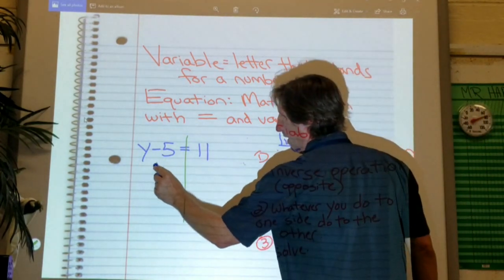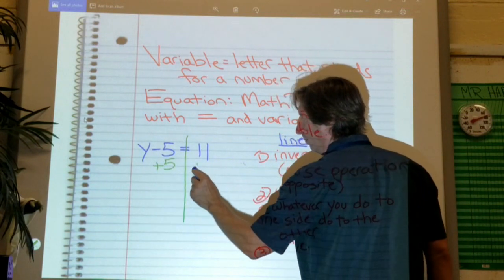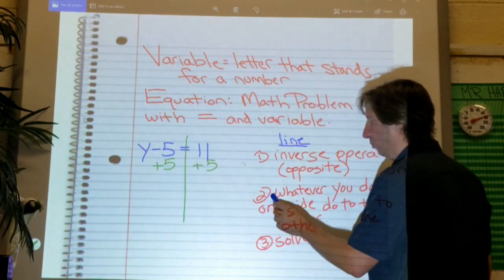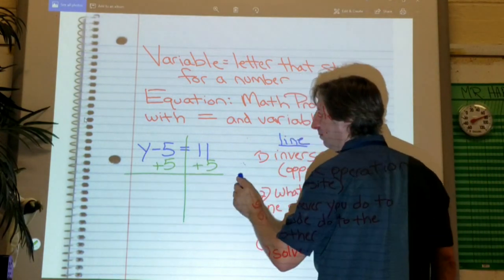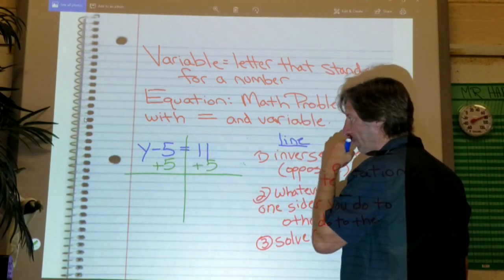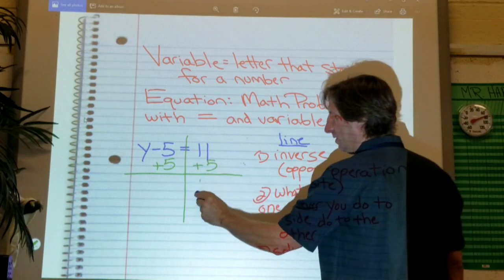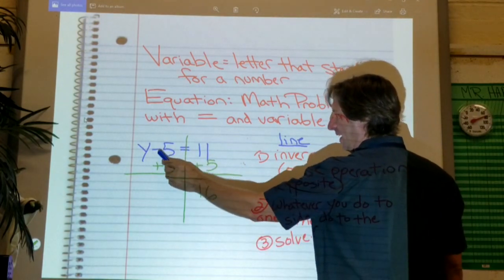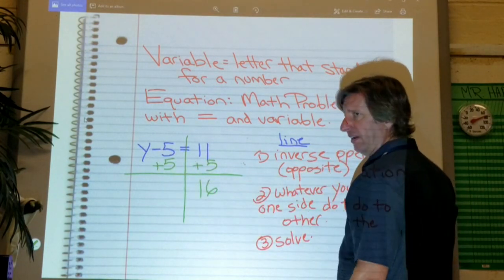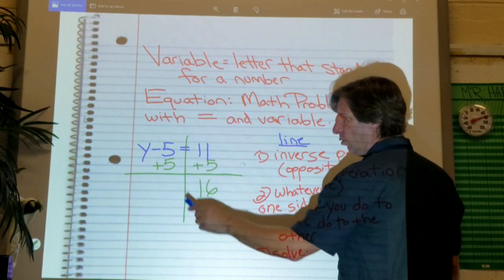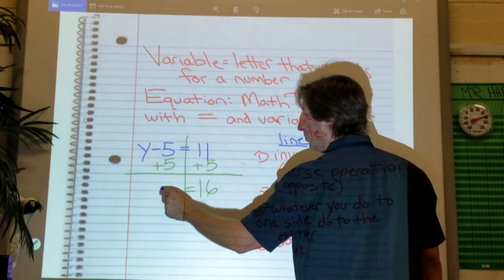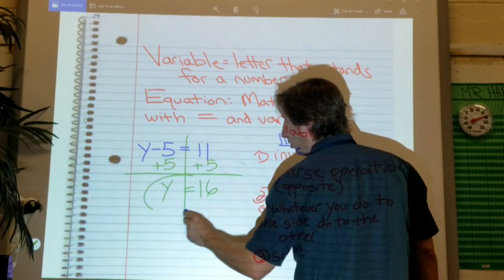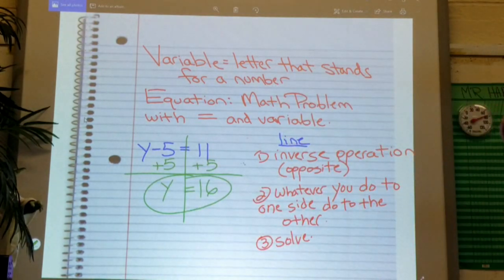Is plus 5. We do it to one side, we do it to the other. So I wrote it on both sides. You know, 11 plus 5 is 16. Negative 5 plus 5 is nothing, right? Or 5 minus 5, it's still nothing, so we don't write it. Then just bring down my letter and circle it. Y equals 16.